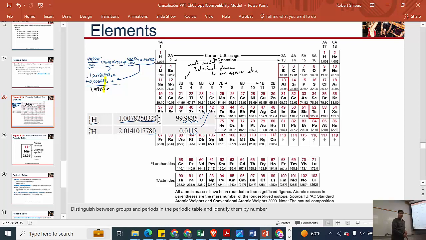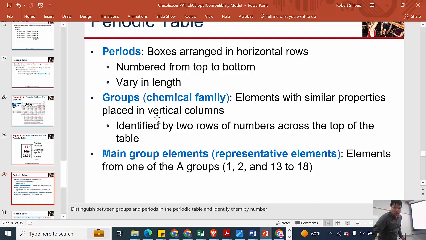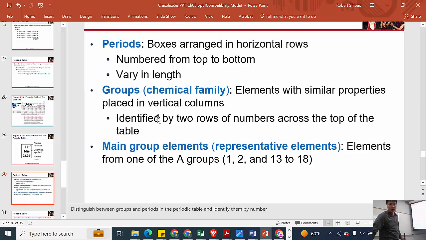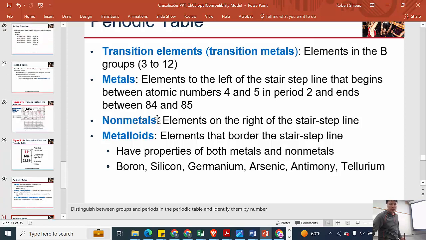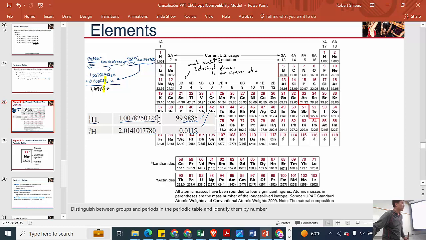And then what else do we need to know for the periodic table? Periods, we need to know main group, transition elements, metals, nonmetals, and metalloids. Let's go back here. Do you know what the main group elements are? The main group elements are these first 2 families and these last 6 families here.